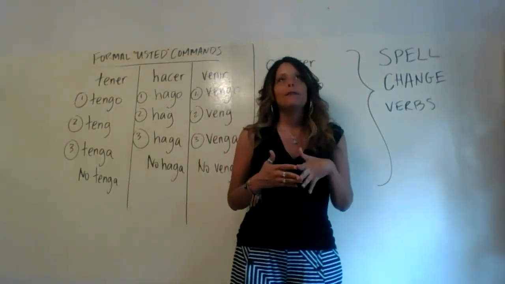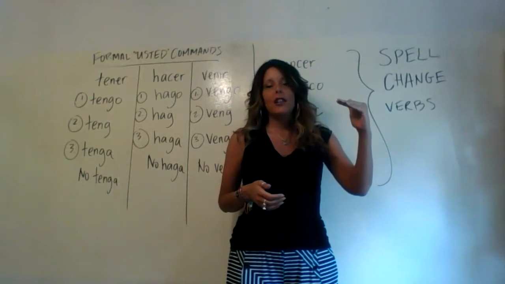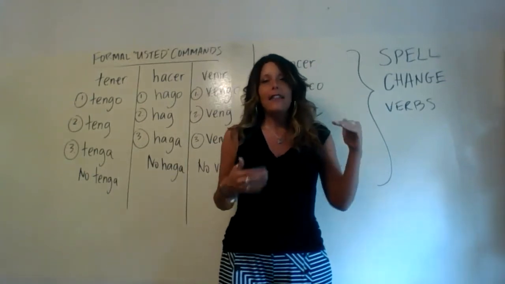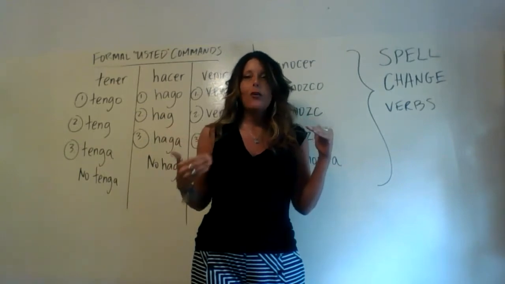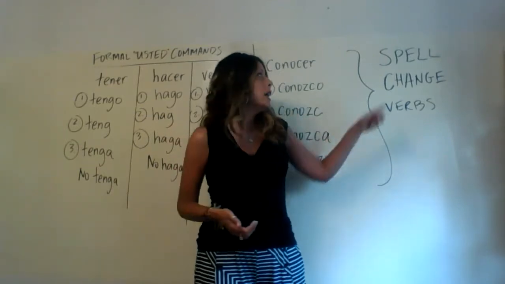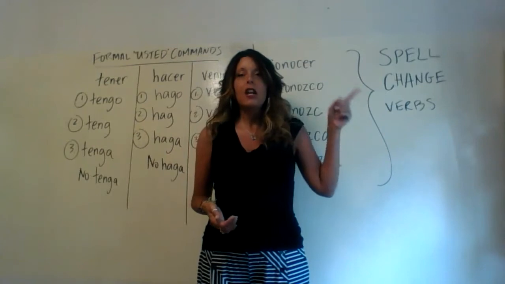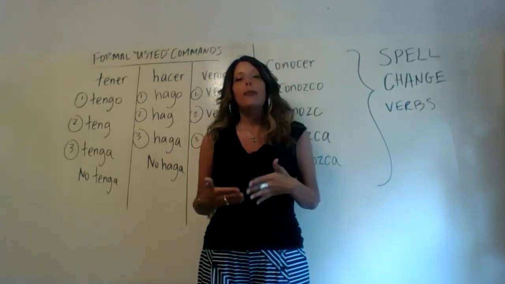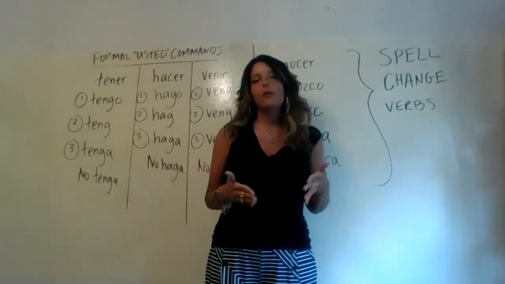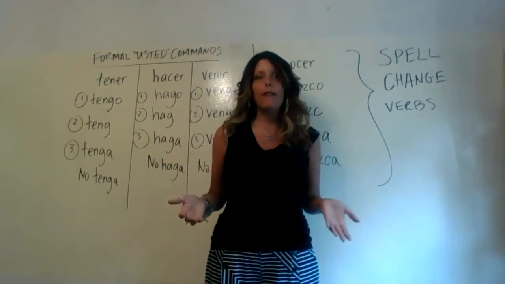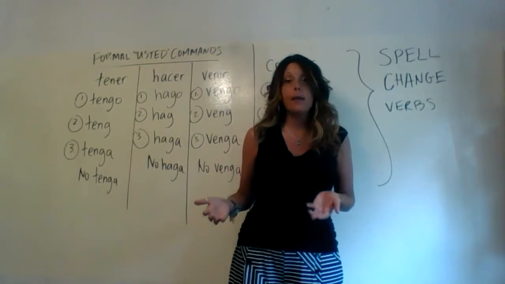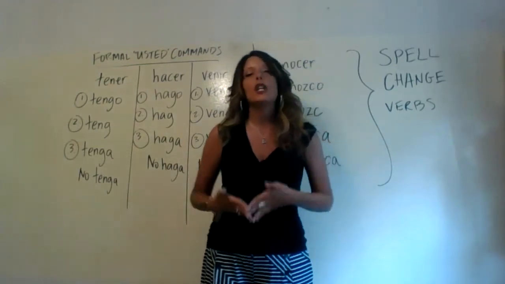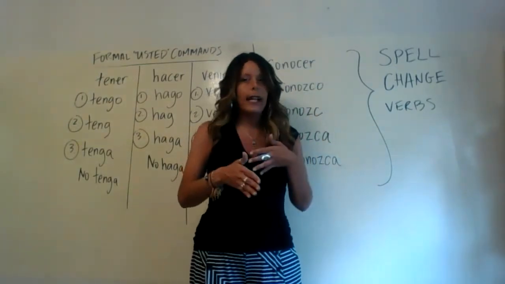If you remember what the yo conjugation of a verb is, and there is an unexpected G or Z, you know that you have a spell change verb on your hands. So instead of being like stem change verbs, where you just have to memorize that the verb happens to be a stem change verb and what kind it is, with spell change verbs you might have a little bit of an in.